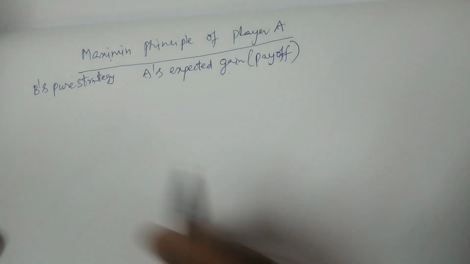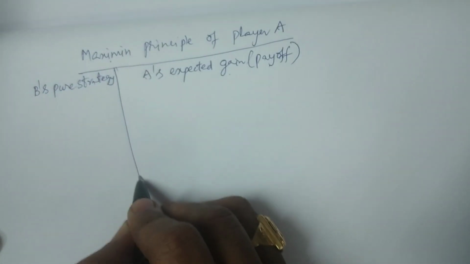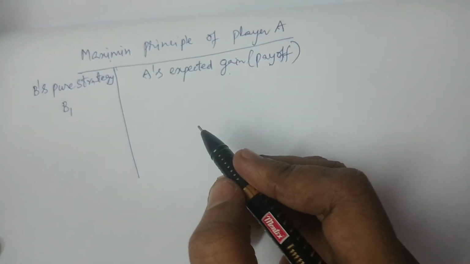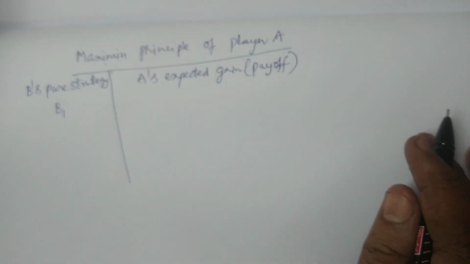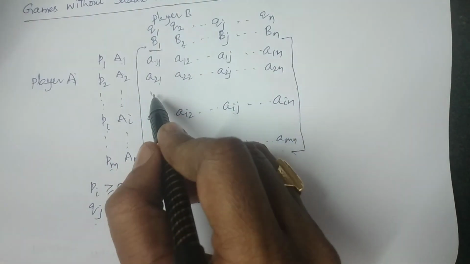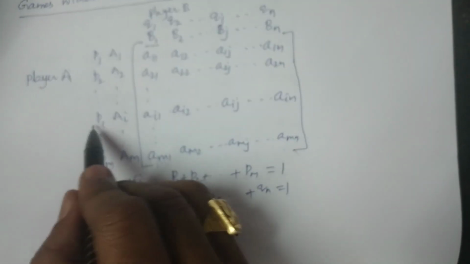So I write here B's pure strategy. For example, I am considering B1. Then, as I just explained, you have to multiply A11 with P1, plus A21 into P2, and so on, AI1 into PI, AM1 into PM.